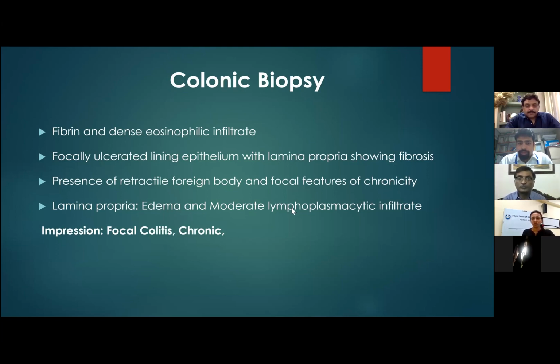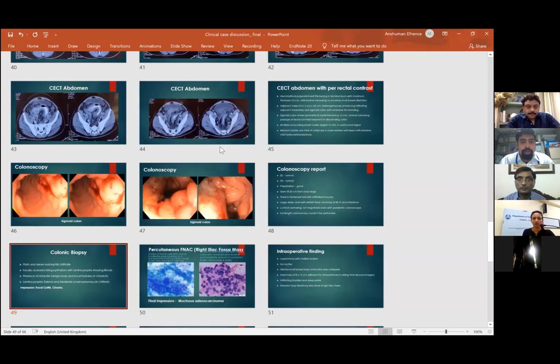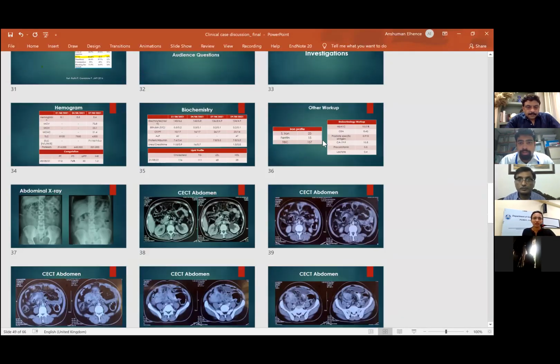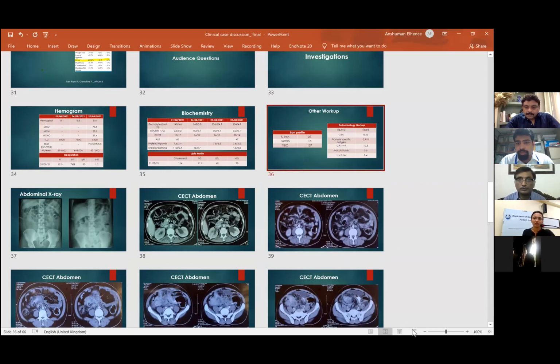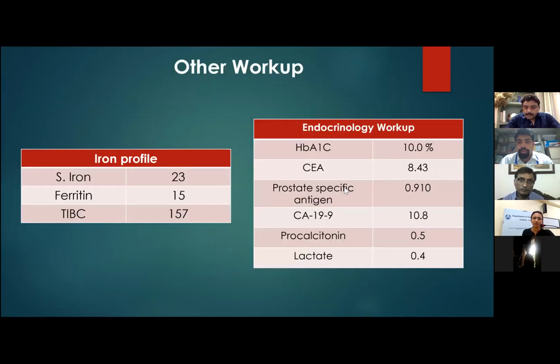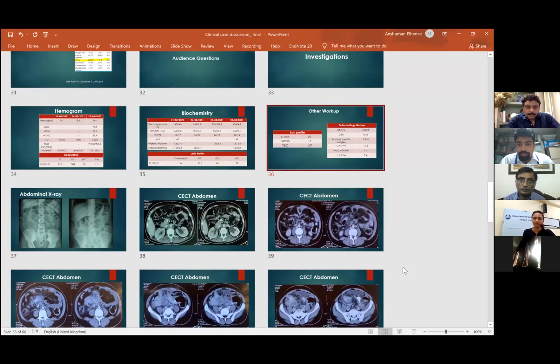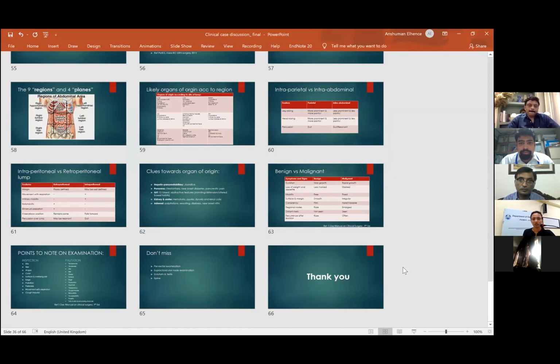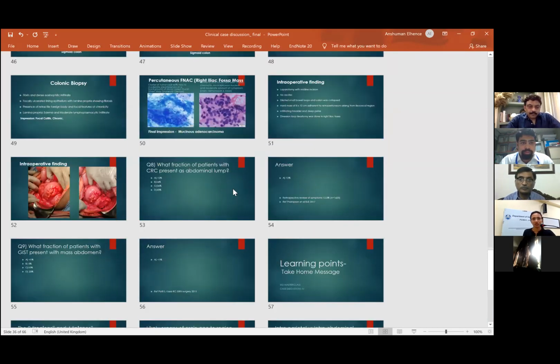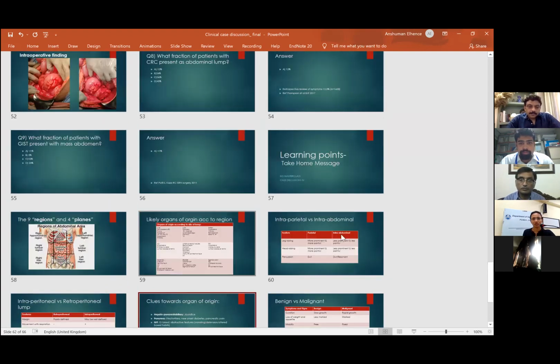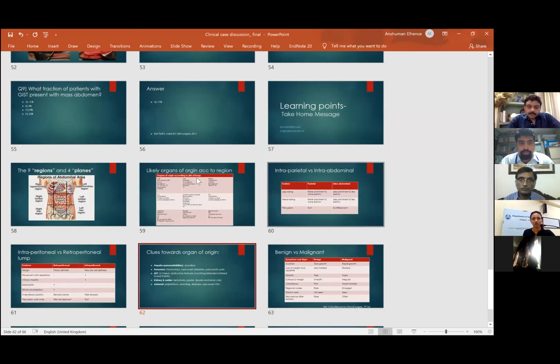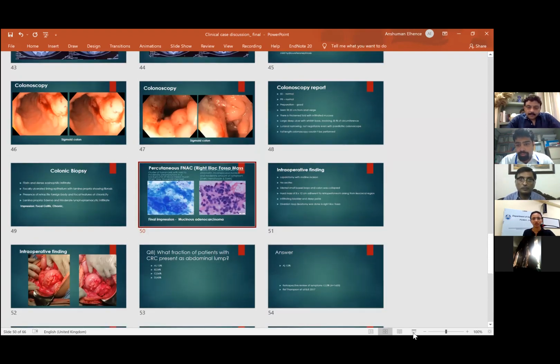Okay. So let's see. I'll share with you the tumor markers first. The CA was 8.43. The CA is elevated. The rest of the tumor markers are normal.